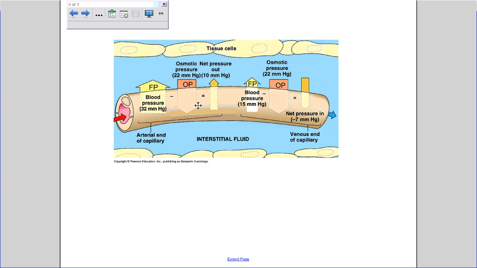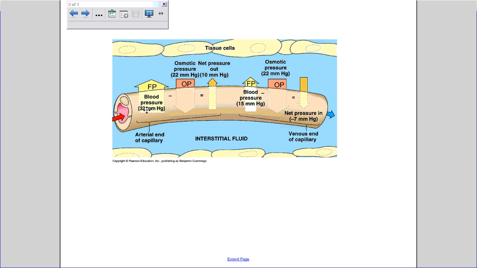Okay, so the movement of things in and out of a capillary depends on two opposing pressures that are acting on the capillary wall. Okay, there's fluid pressure, which we often refer to as blood pressure. It's pressure caused by the fluid that's inside of your blood vessels pushing outward.